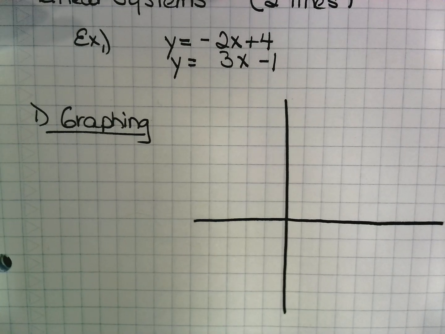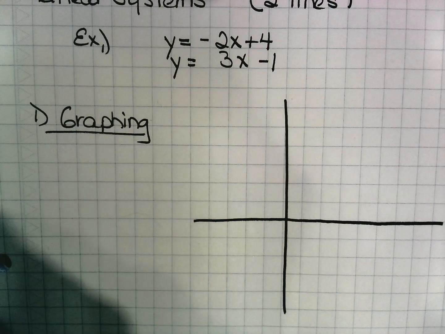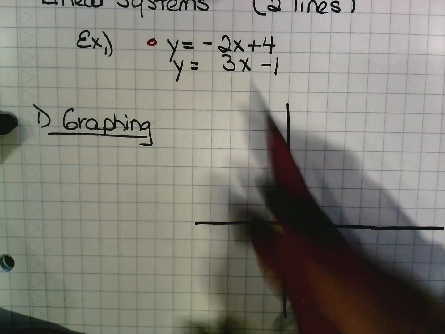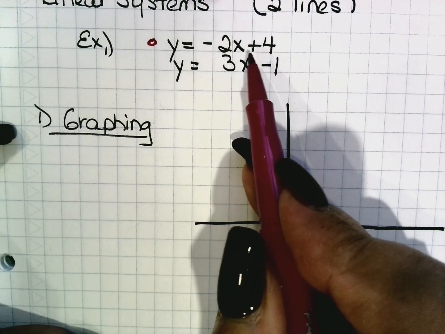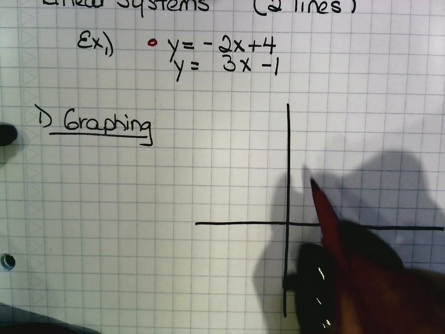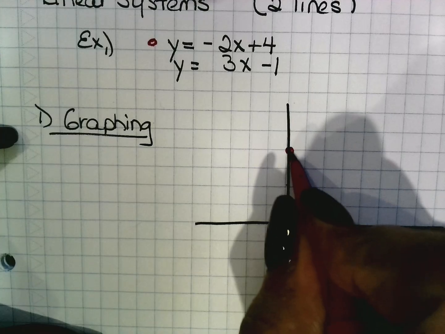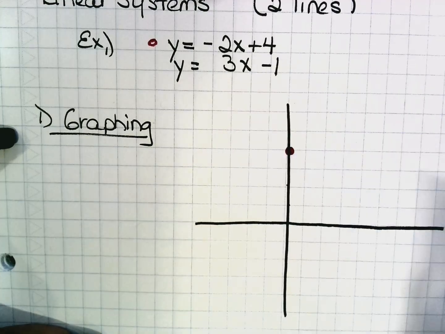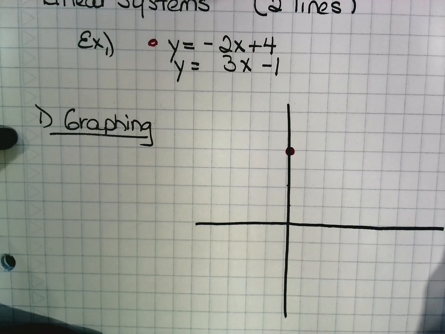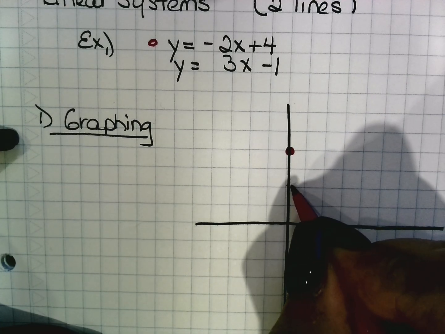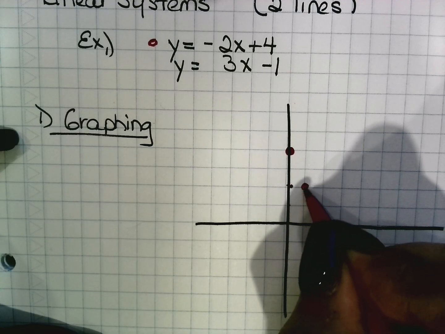So let's do this line in this color. This is in slope-intercept form. My intercept is at 0, 1, 2, 3, 4, right there. That's my y-intercept, and my slope is negative 2. So I'm going to go down 2, that will be negative, and over 1.